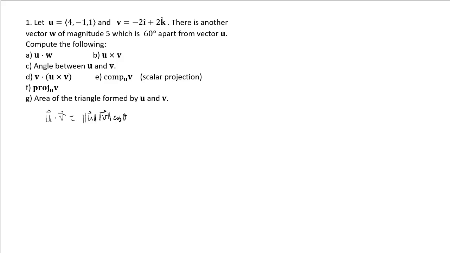That's the case when you don't have the coordinates of each vector, but you have the angle between them. If you have coordinates of u and v, then you would do (a, b, c) dotted with (d, e, f) as a times d plus b times e plus c times f.